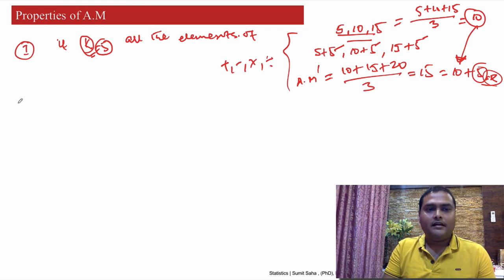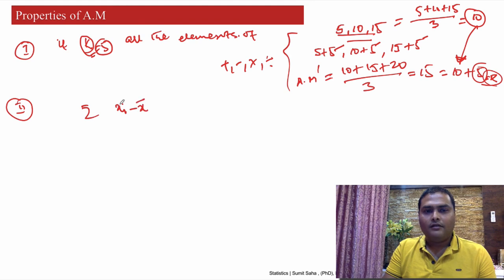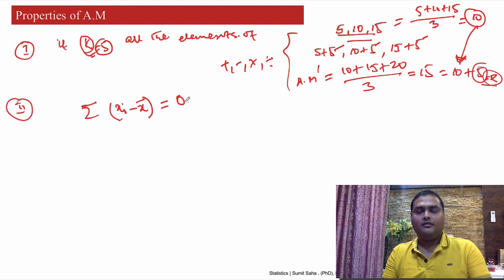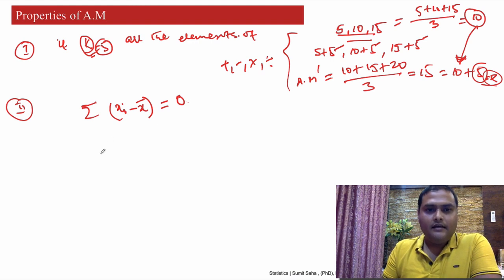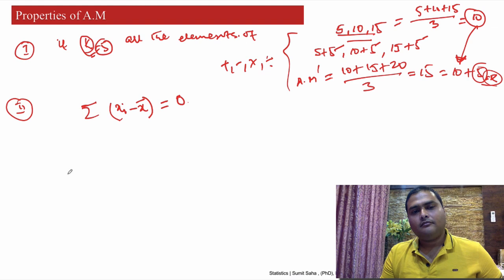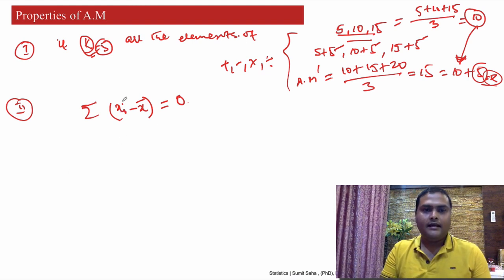Now what is the second property? The second property says that the difference of each value from the average, and the summation of all these differences, is always 0.